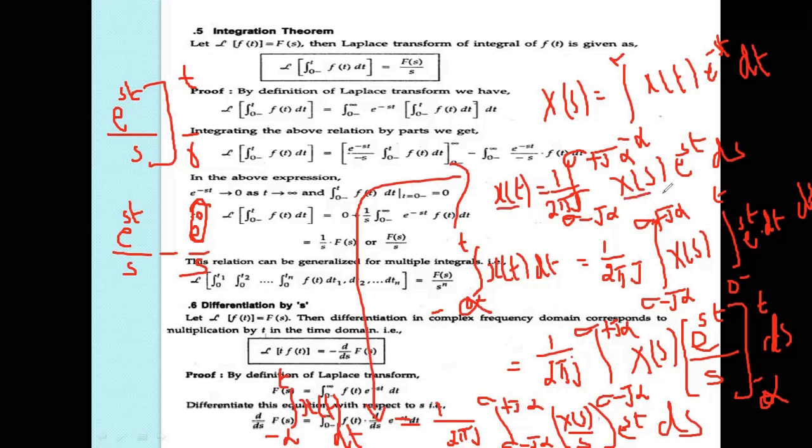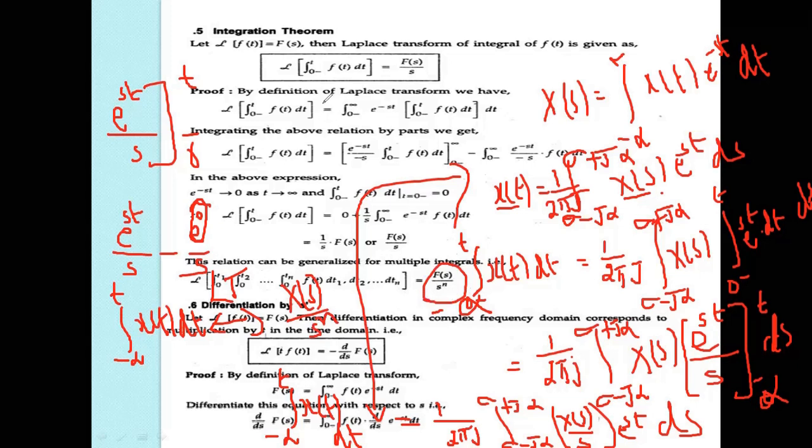For x(t), the Laplace transformation is X(s), and for the integration, the Laplace transformation becomes X(s) by s. Got it, my dear students? You can do it like this also. For the nth integration, applied n times, it becomes X(s) by s to the power n.